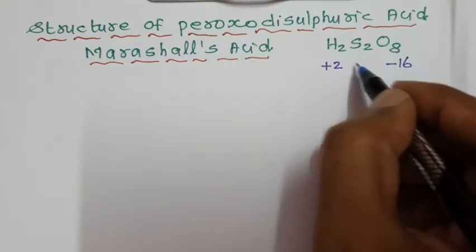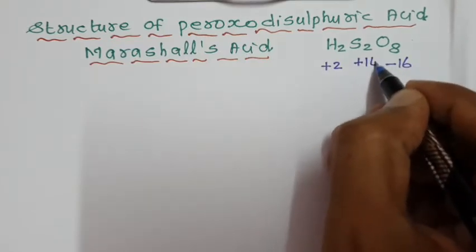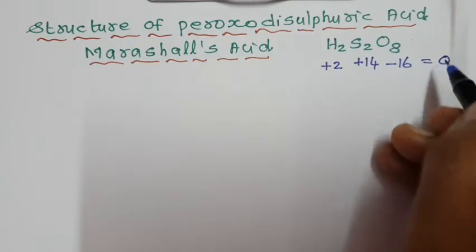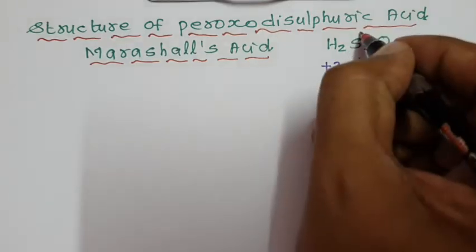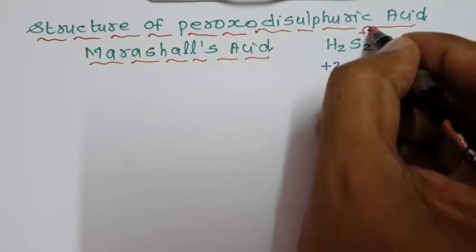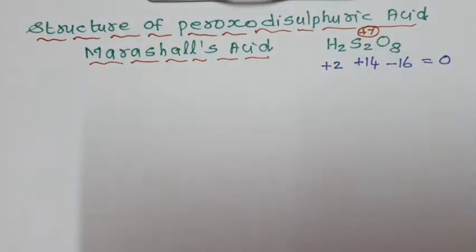By adding all the oxidation states, we get 0. So 2 sulfur oxidation state equals plus 14. Therefore, 1 sulfur oxidation state equals plus 7. Oxidation state of sulfur in Marshall acid is plus 7.